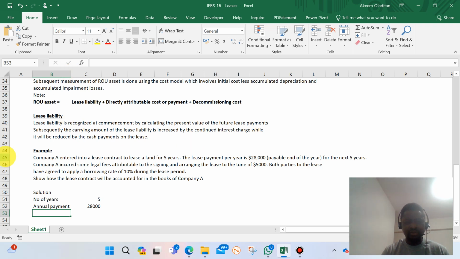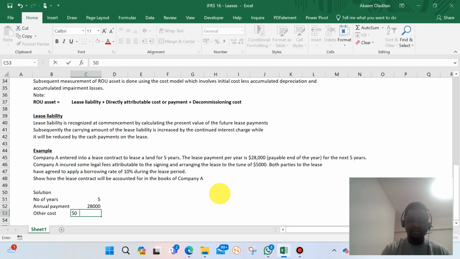And the question also goes further to explain, says company A incurred some legal fees attributable to signing and arranging the lease to the tune of $5,000. So other costs, other payment made. The payment was made at inception. That is $5,000.